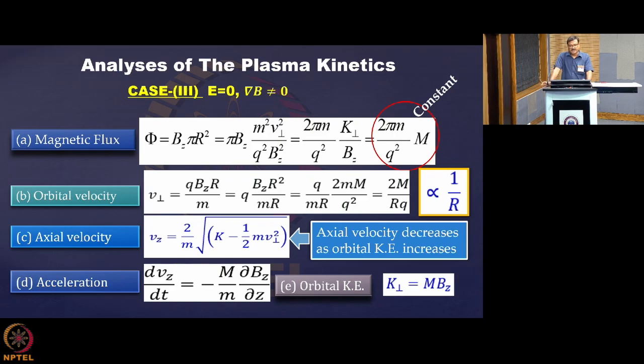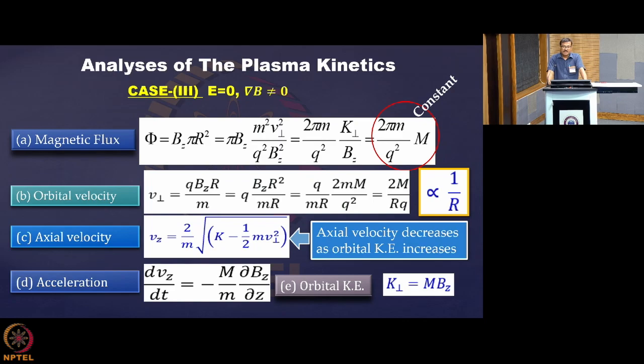If you are making a device and you do not want the particle to move away from a certain zone, then if you are able to make Vz equal to 0 at that zone, the particle will not cross that region. That is a very important implication, and we will go into some details of that in later slides.